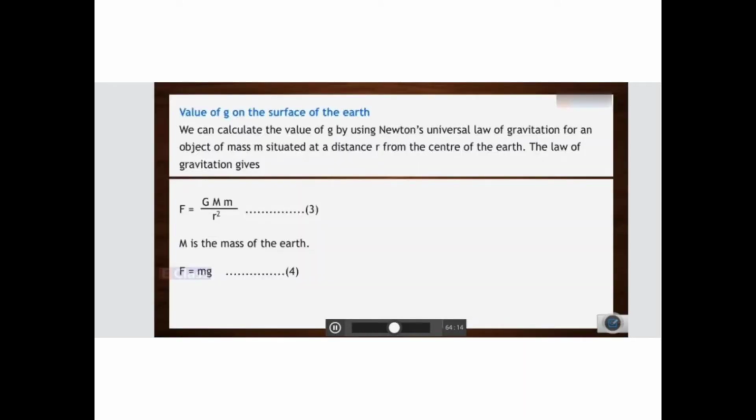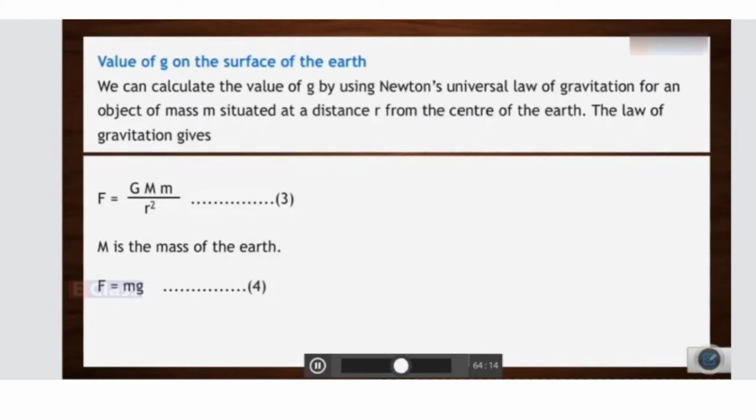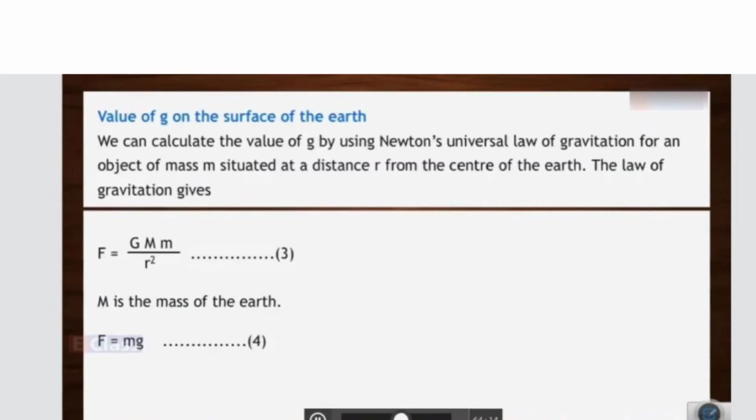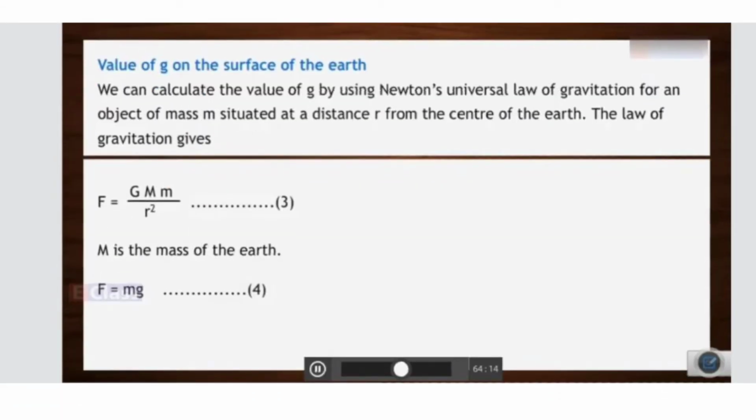When we do it, it will be GMm upon r square, where capital M is the mass of the earth, small m is the mass of the object, and r is nothing but now the radius of the earth.